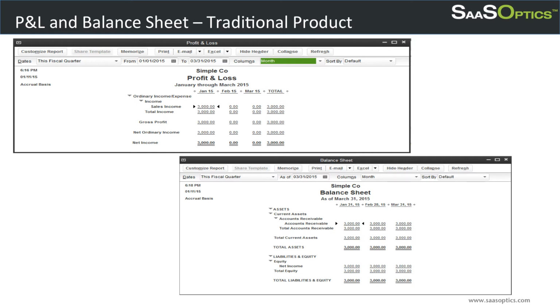Well, per the slide a couple of slides ago, we will record $3,000 into a revenue account, in this case called sales income, and we will record a $3,000 accounts receivable here on our balance sheet. So we have $3,000 as an asset in our balance sheet, which is a claim to money owed to us through the invoicing, and we record $3,000 of revenue in January, nothing in March, nothing in February, etc.